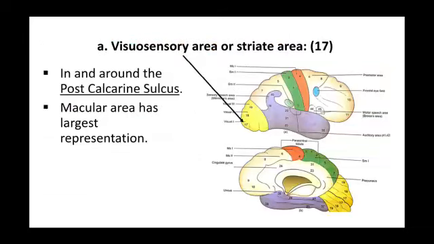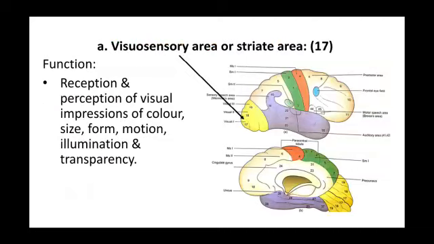So, the visuosensory area or striate area 17 is present in and around the post-calcarine sulcus. The macular area has the largest representation. The main function is reception and perception of visual impressions of color, size, form, motion, illumination and transparency.